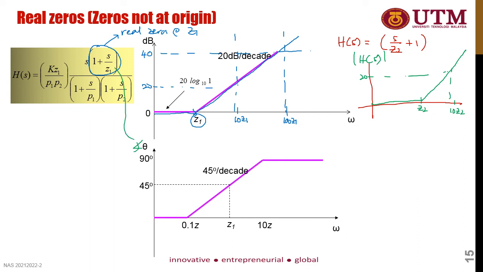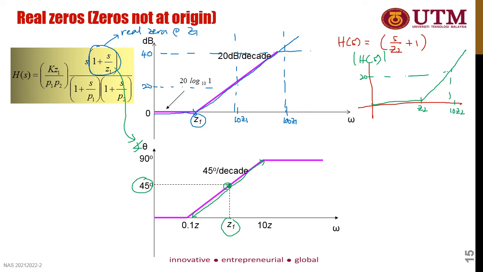This is the phase plot. If you have a zero at Z1, it will have a 45 degree point in phase. Just mark the 45 degree point at that particular frequency, in this case Z1, and then extend the line by 45 degrees to the next decade and 45 degrees to the previous decade.